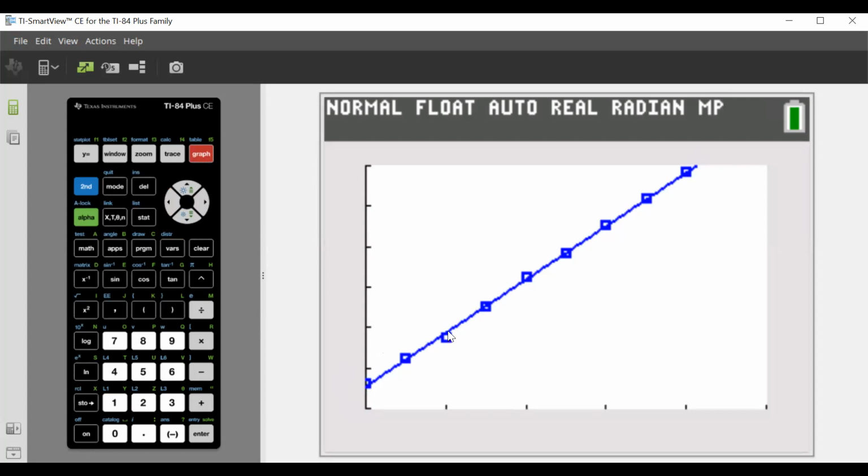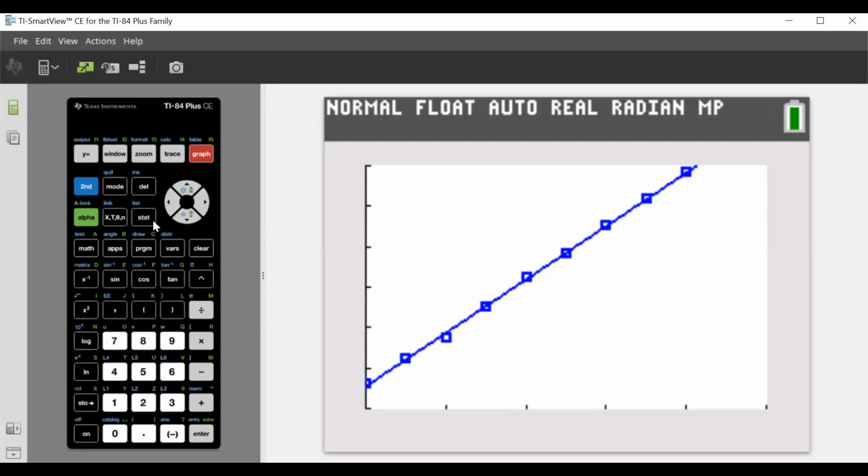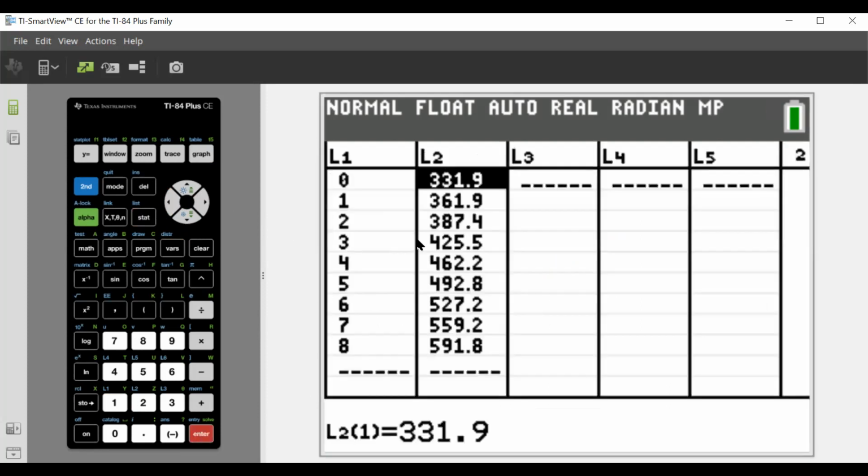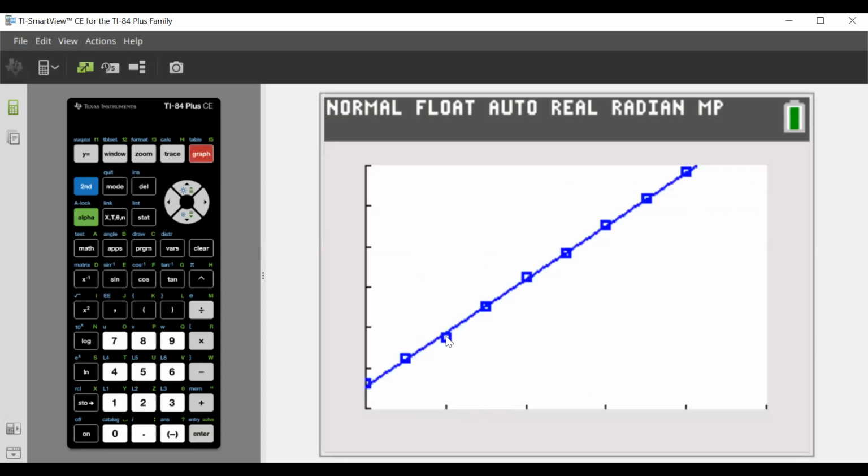So either I typed a number wrong, or that's just how the number is supposed to be. So let's look and make sure my numbers are right. 331.9, 361.9, 387.4, 425.5, 462.2, 492.8. Well, they all look right. So we're going to go with that it was just a bad number for that point here, and it was just low compared to the rest of those.